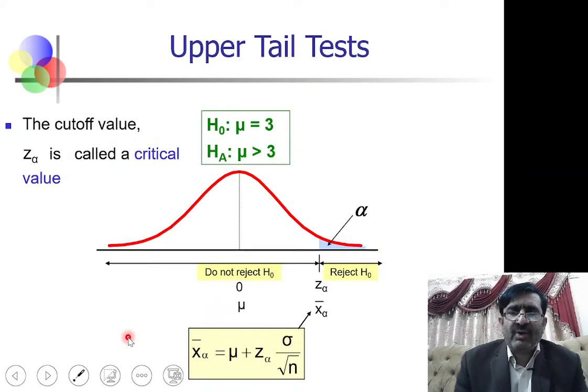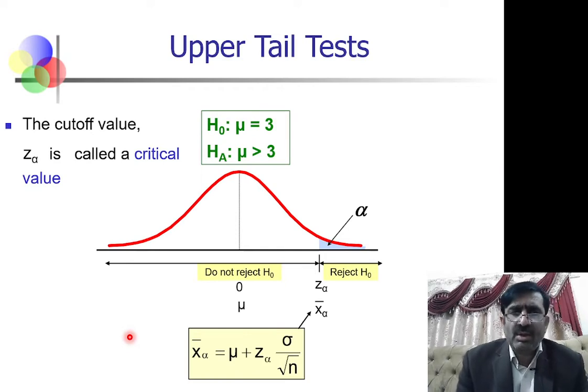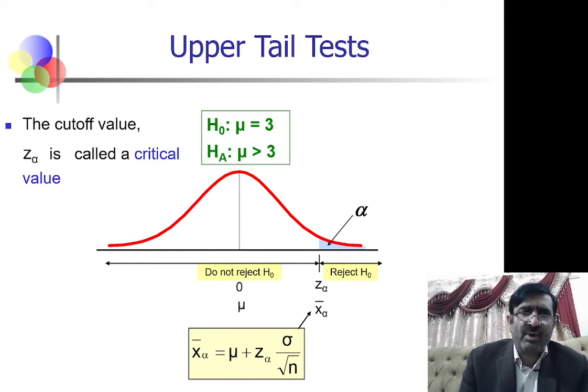Again, for the upper tail, we have to find out whether the value is greater than or not, a one-sided story. We have the same formula, but instead of negative we have a plus here. It is actually the statistical distribution we will follow.